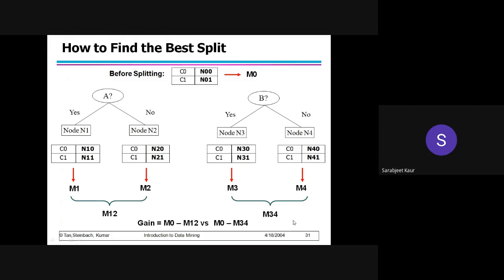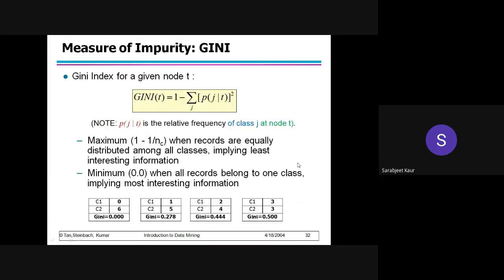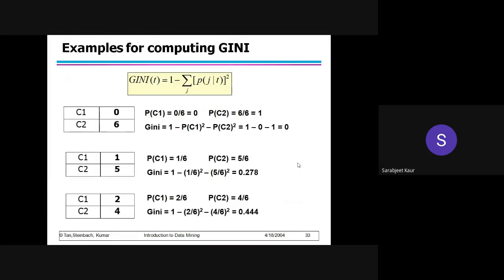What we are going to do is not just look at the class distributions of these nodes individually, which is what we did up till this point, where we were only looking at the class distribution present at that particular node.